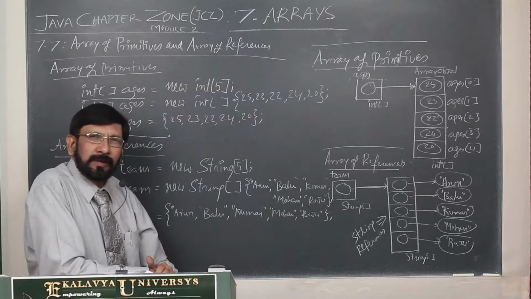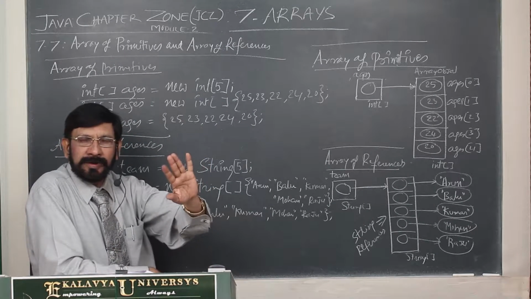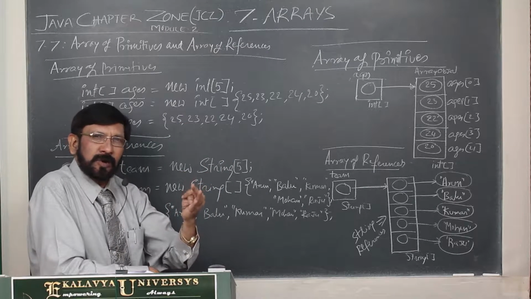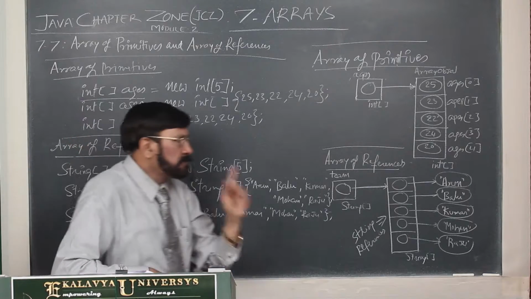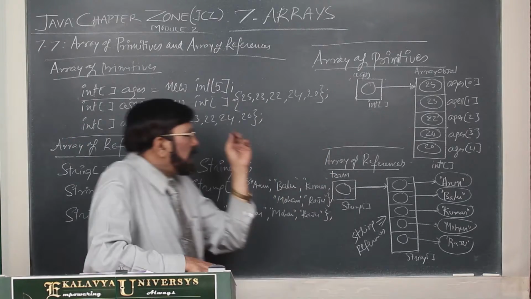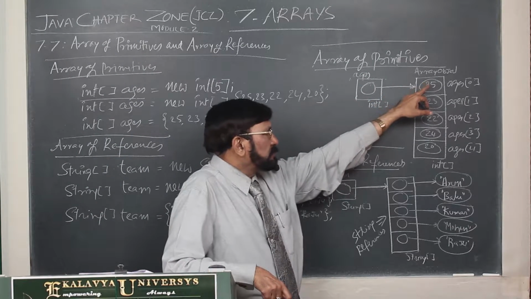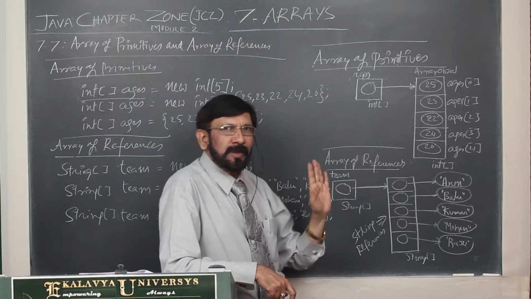Int. What is the default value of that? 0. For all integer types the default value is 0. That means for byte, short, int, long, 0 is the default value. The second activity of new is it fills all the elements with zeros.